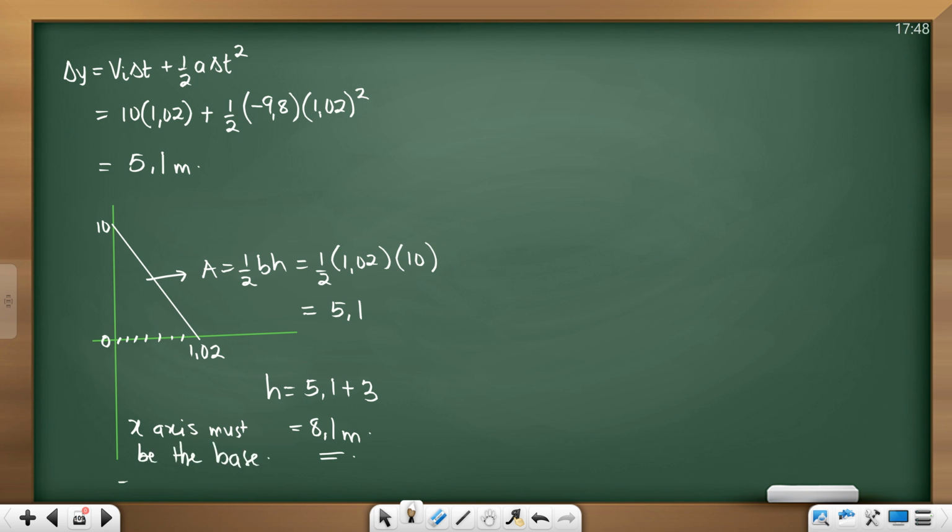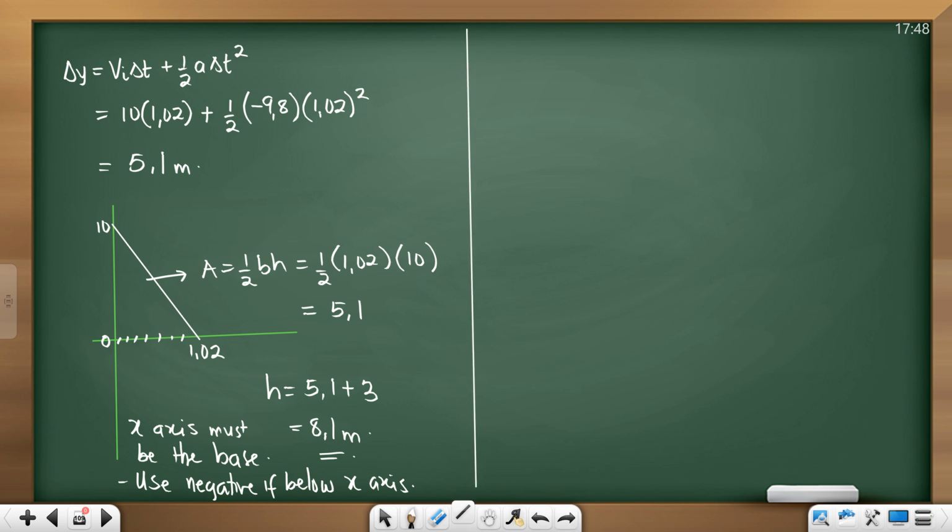And also use the negative if below the x-axis. For example, your h at the bottom will be negative. Please use the negative as part of the working. I hope everybody is good.